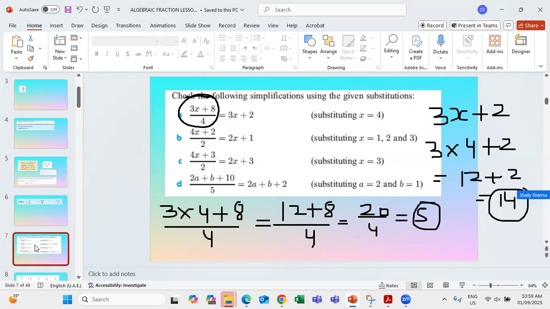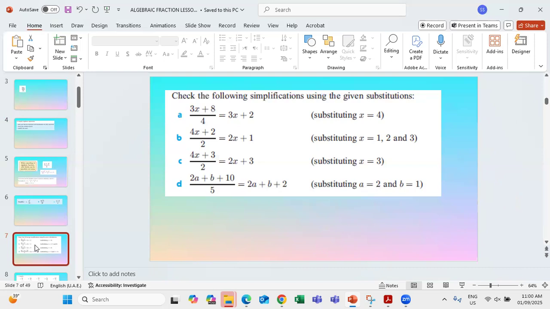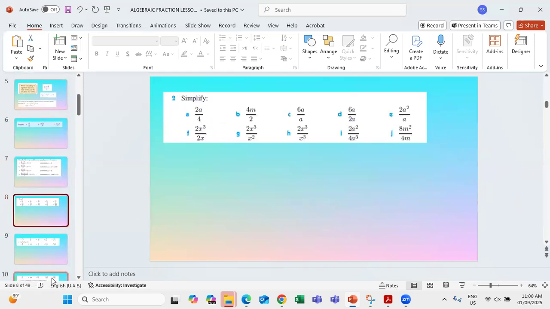Now see, the simplified version is producing the value 14 and the normal form is producing the result of 5. So they are not equal. That means this simplification is not up to the mark. Now the second question you can do, because they are asking only using the given substitution. So you just need to substitute and you can simplify it.